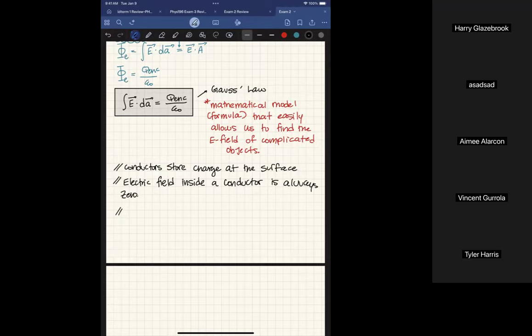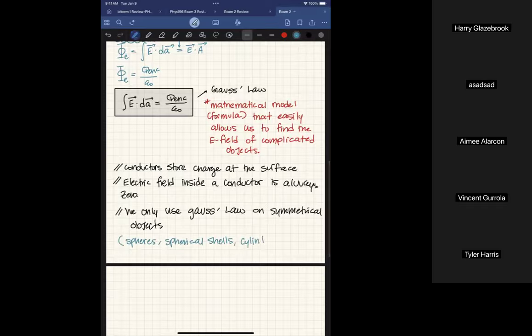Lastly, we only use Gauss's law on symmetrical objects. So the only objects you are going to see in this class and on your test are going to be spheres or spherical shells. You'll also see cylinders, and you may see boxes, but that's it.